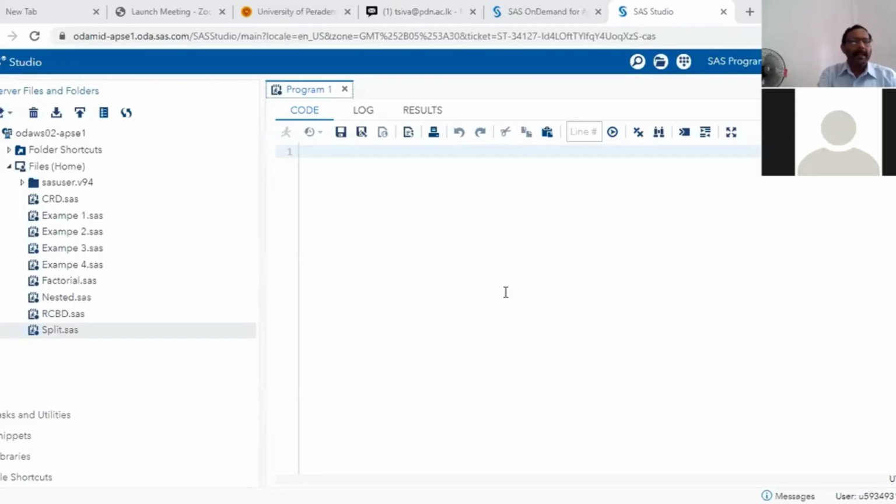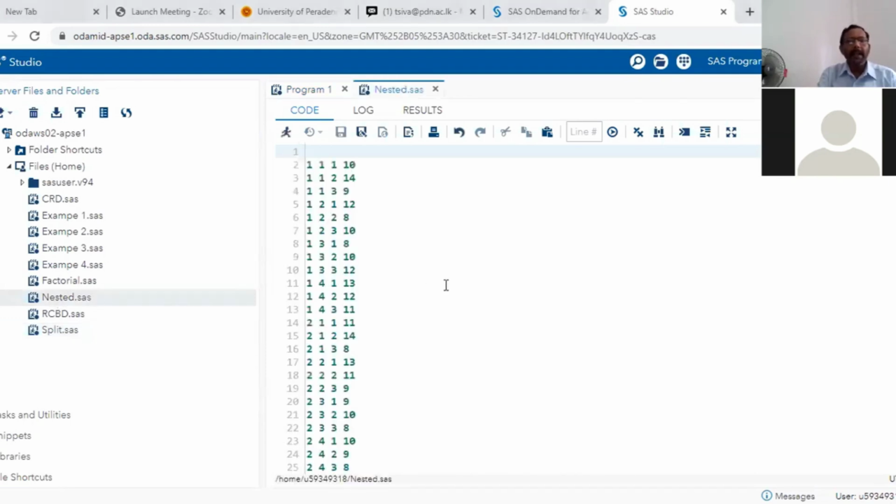Right, we are going to work with two sets of data that we have discussed in the class, the nested design and the split plot. I have already saved those data in SAS, so I will click directly. The first one, I will go for the nested design, which we have done in the class.